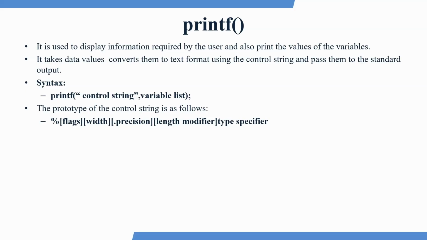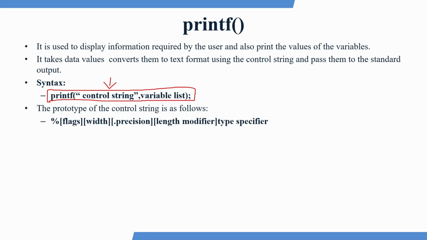So the printf function has a syntax. As I said earlier, printf is a predefined function which is provided in the library stdio.h. If we want to use that function, we have to follow that syntax to call or use the function.